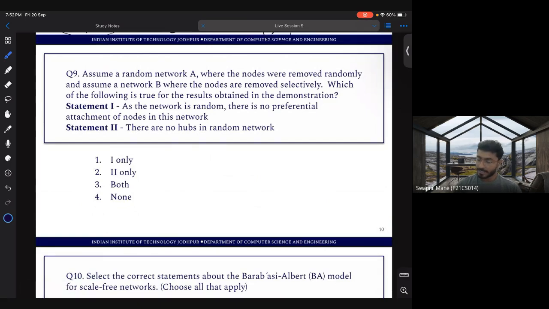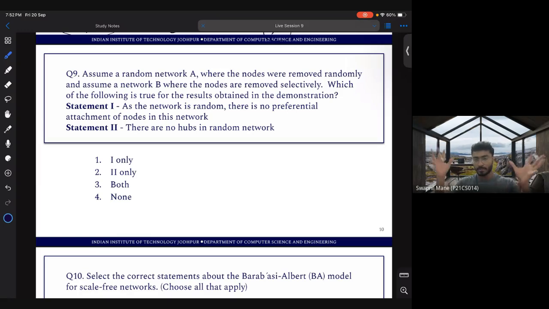Assume a random network. Random network means, just imagine that while building the random network, we are considering the n and p values, right? N means the number of nodes and p means the probability of an edge being drawn between the nodes. Assume a random network where the nodes were removed randomly.